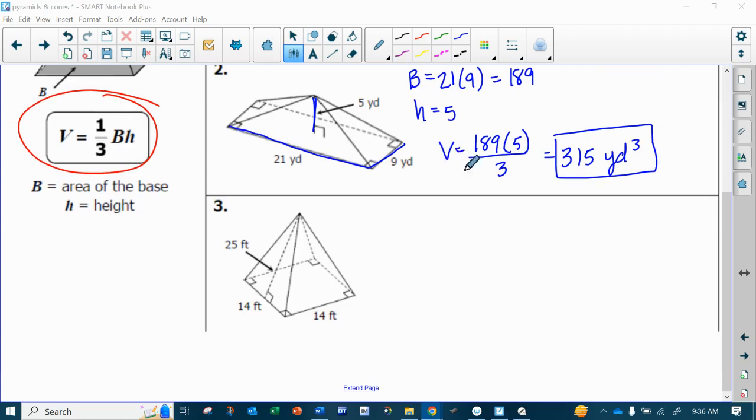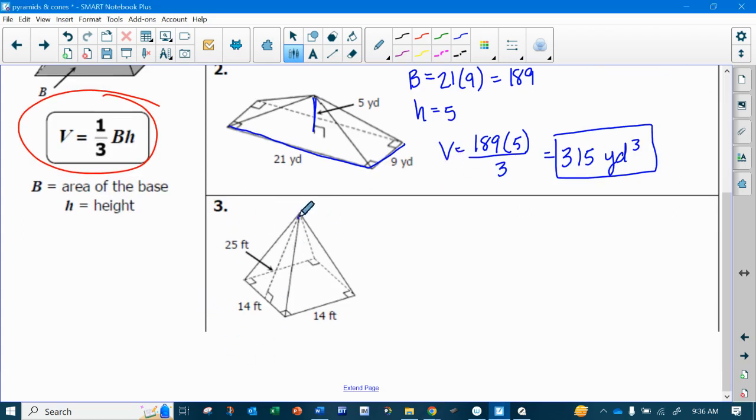On number 3, I want you to notice that they did not give you the height. Okay, remember your height, you go to the vertex and your height will go straight down to the very center of your base. This is your height. They did, however, give us the slant height. But I know if I draw this line right here, which goes halfway across my base, so if all the way across my base is 14, then halfway is 7, then I can do Pythagorean theorem to get my height.